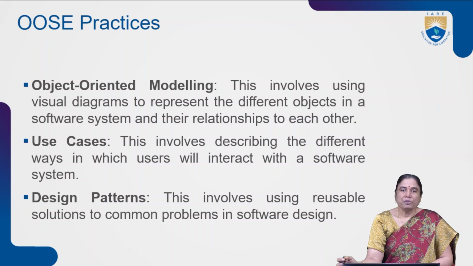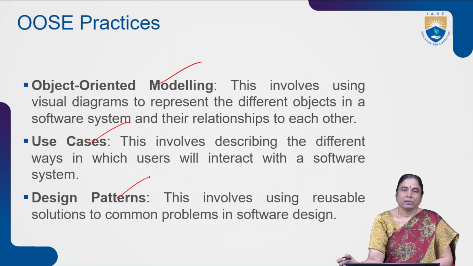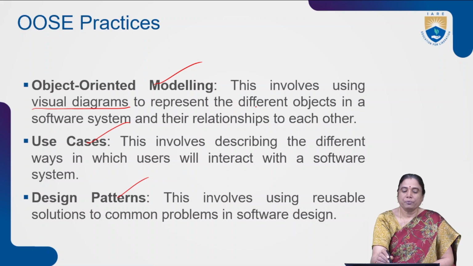Generally, the object-oriented software engineering practice focuses on object-oriented modeling, use cases, and design patterns. These are the basic components of the design. Object-oriented modeling involves using visual diagrams to represent the different objects in a software system and their relationships to each other.